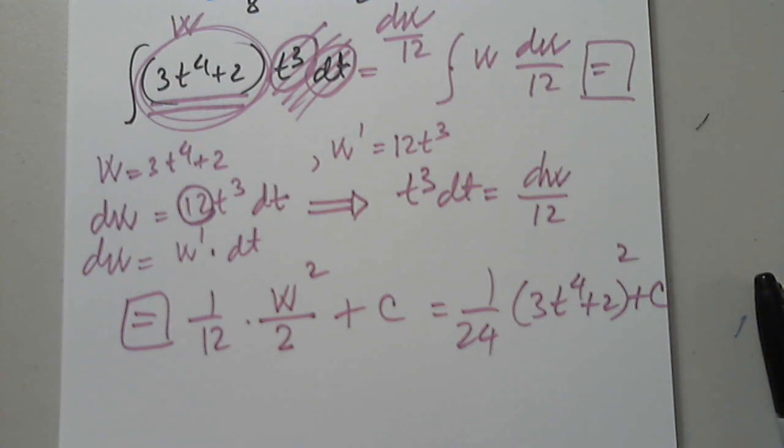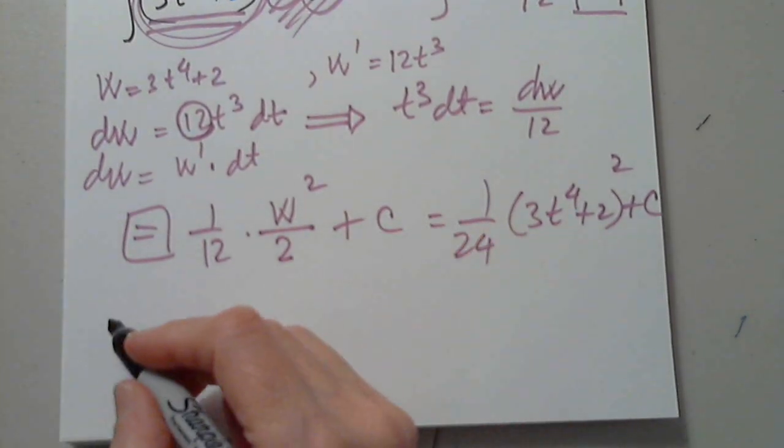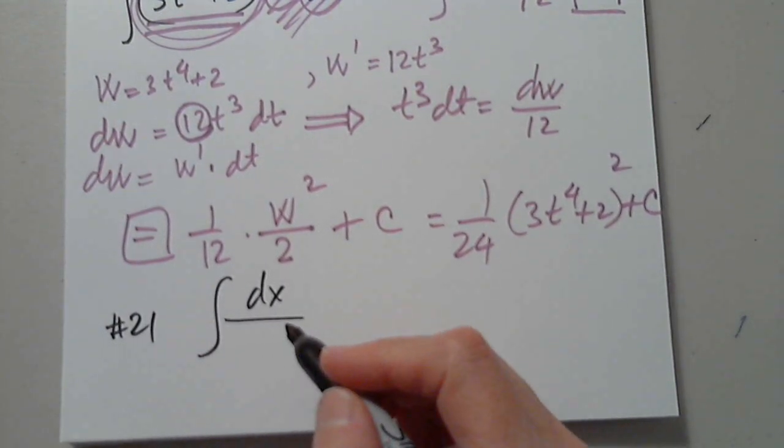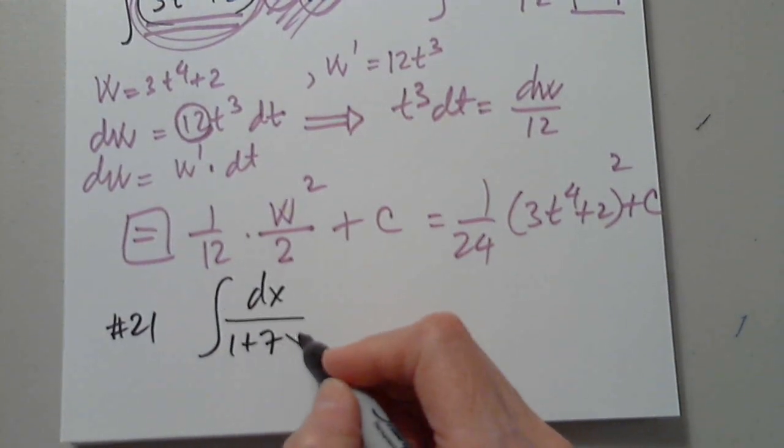We only had 3 examples, 2 last time and 1 today. So let's choose anything else before we look at the definite integrals. Do I get to choose now? I think I'll choose 21. 21 has the integral of dx over 1 plus 7x.